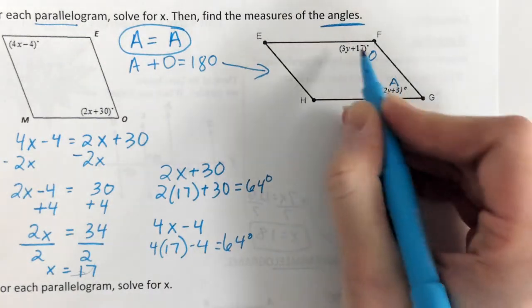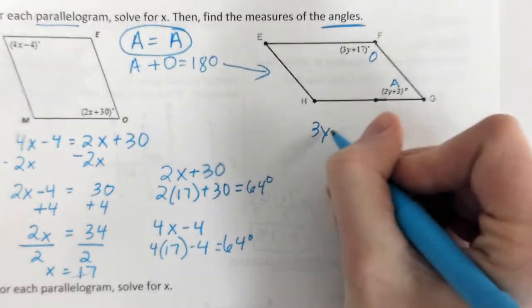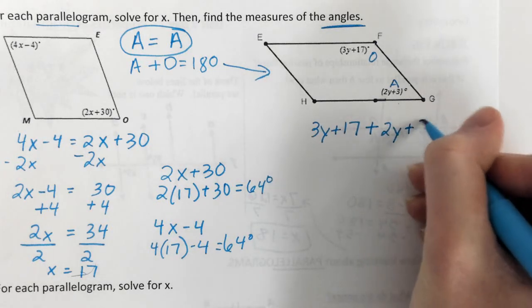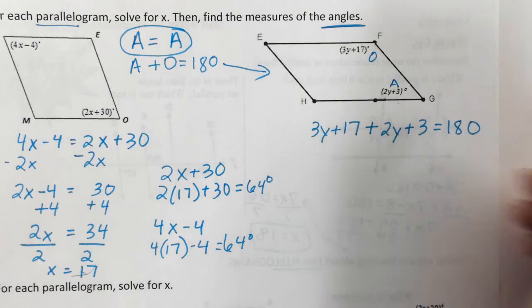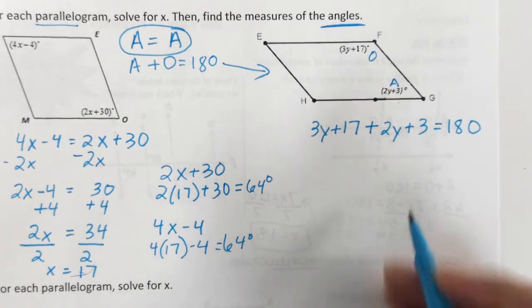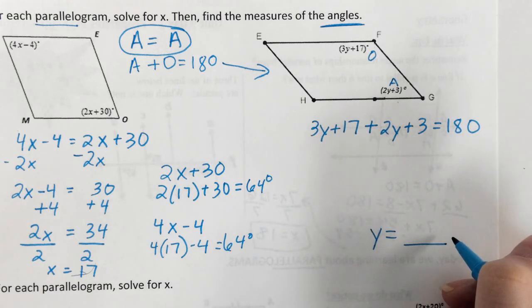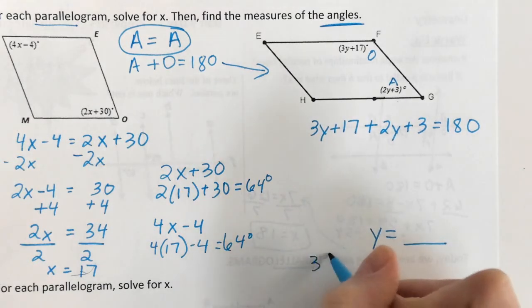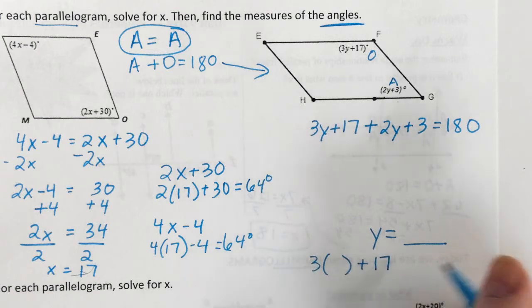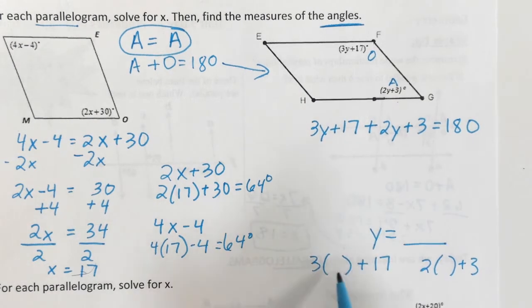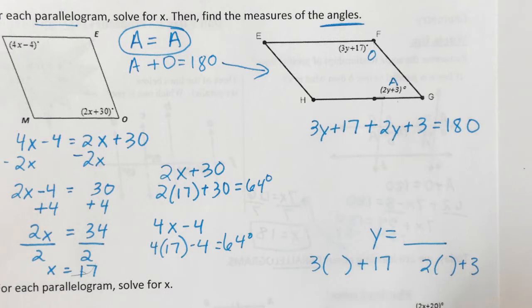So we need to put these together, so we put 3y plus 17 plus 2y plus 3 equals 180. So I'm going to let you solve this one for y by yourself, all the way until you get y. And then plug in y to find what your two angles are.